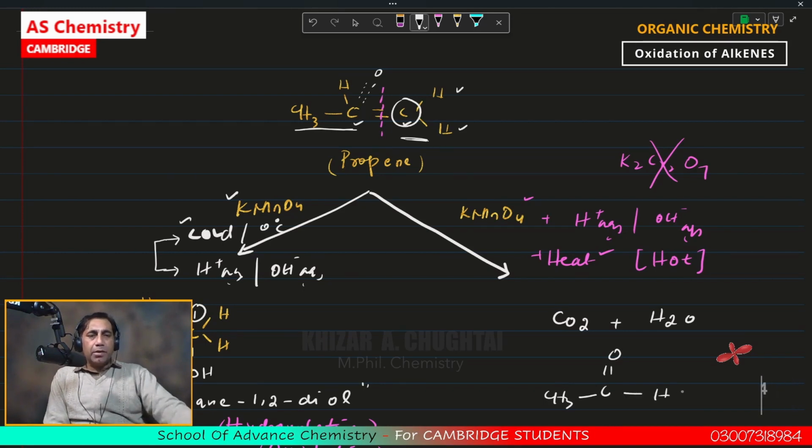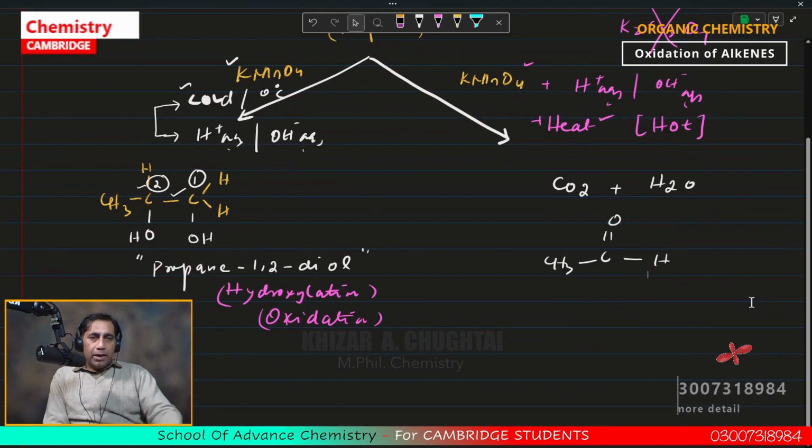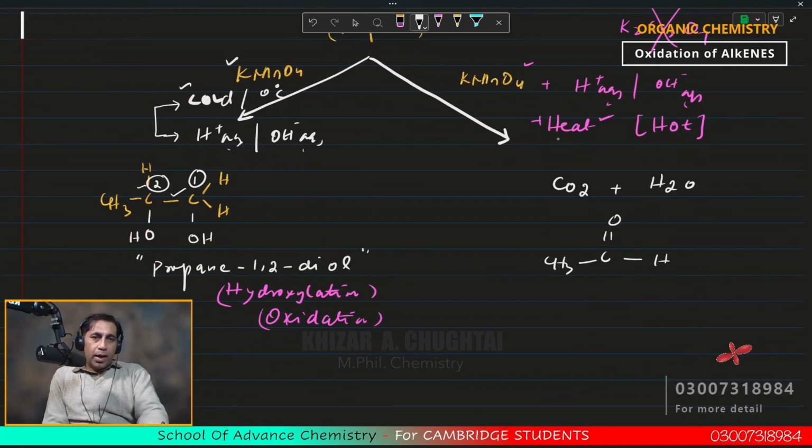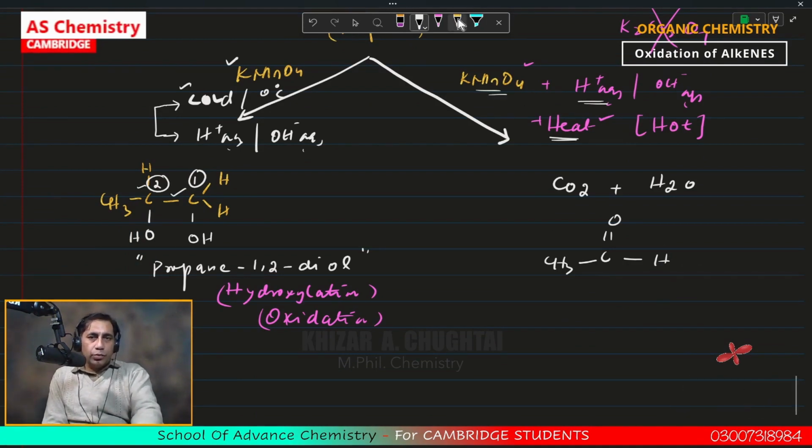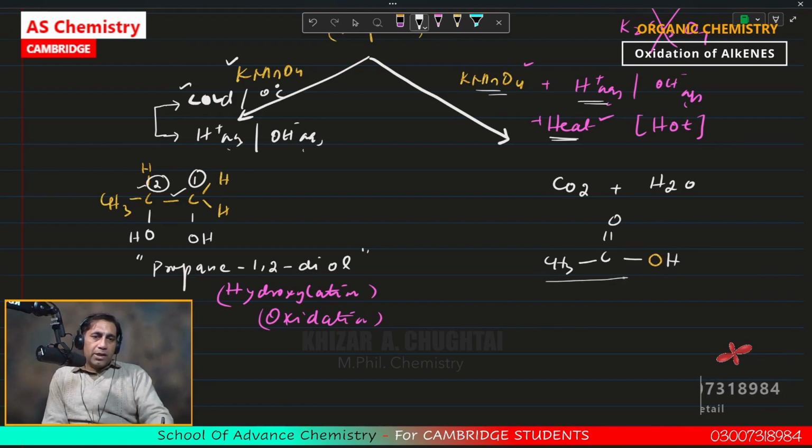So it has become an aldehyde. But as we are heating in the presence of acidified KMnO4, this aldehyde will change into a carboxylic acid. So it has become an acid.